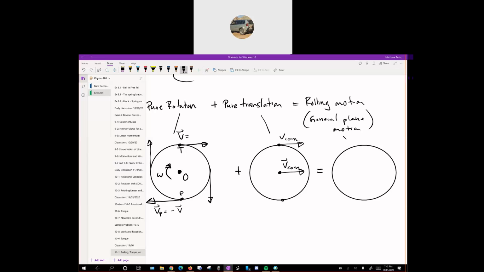It's the 2 points we're interested in, but everything moves with this same velocity. That's the definition of translation. And when we put them together, we get that the center of mass moves with some velocity, the same thing right there.